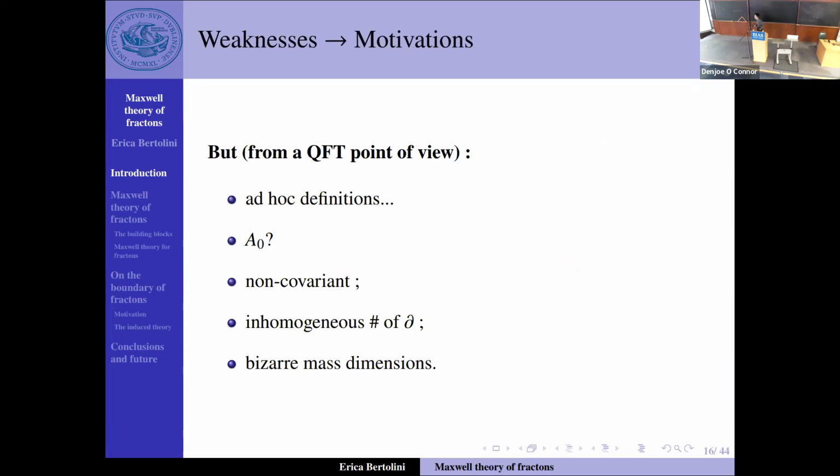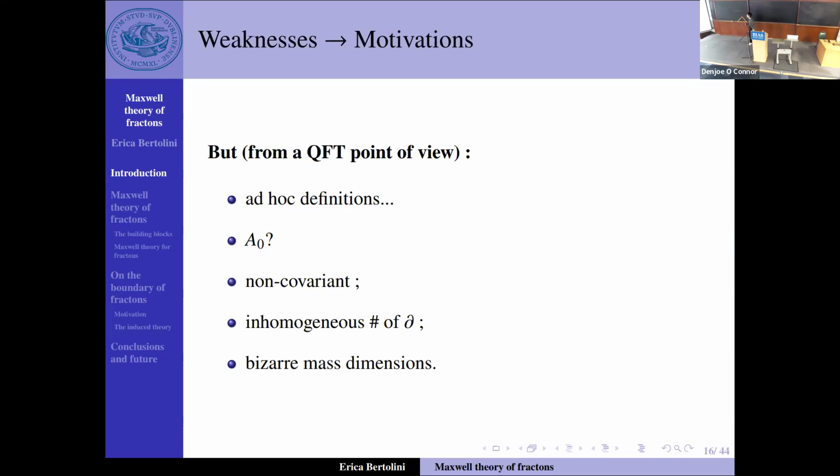I was just saying that there are some weaknesses in these models, mostly from the quantum field theory point of view, because many of those objects are made ad hoc just to implement all these Gauss constraints and limited mobility just to have fractons. That A0 object is put there by hand because they want the Gauss constraint.